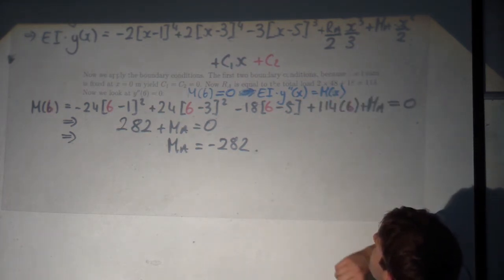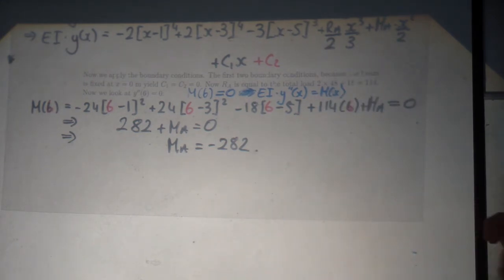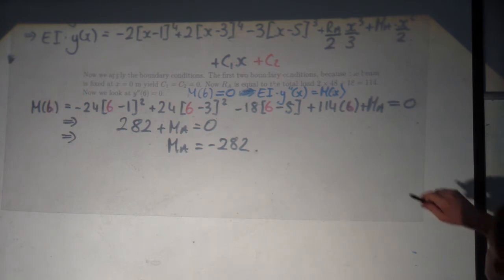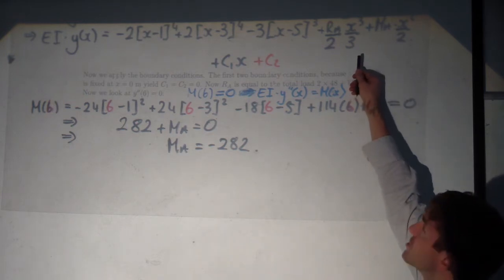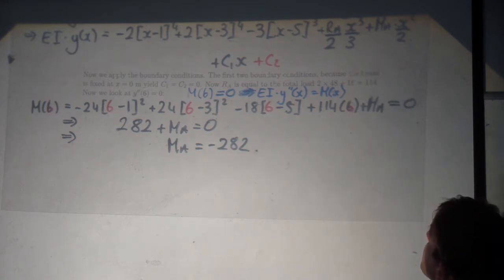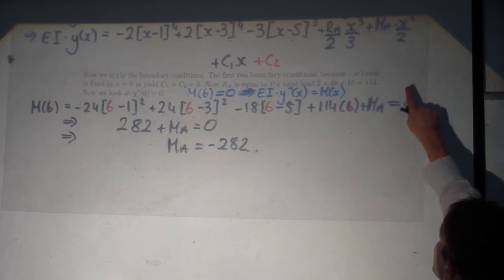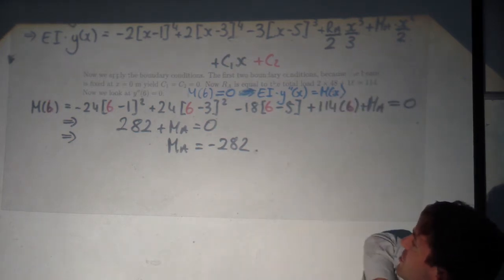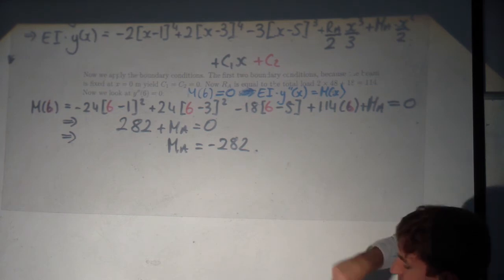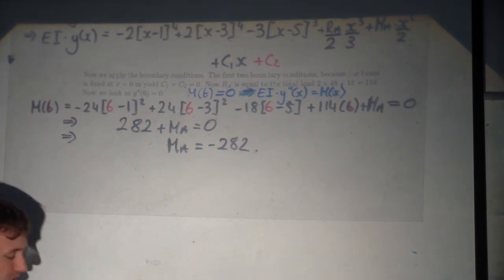RA is equal to 114, so you've got 114 divided by 2, which is 57. Divided by 3 is 27, so we should see 27x cubed. Oh no, 57 divided by 3 is 19, so you get a 19x cubed. And then MA divided by 2, minus 282 divided by 2, minus 141. And then to get rid of the EI, you divide both sides by EI. So you get this.